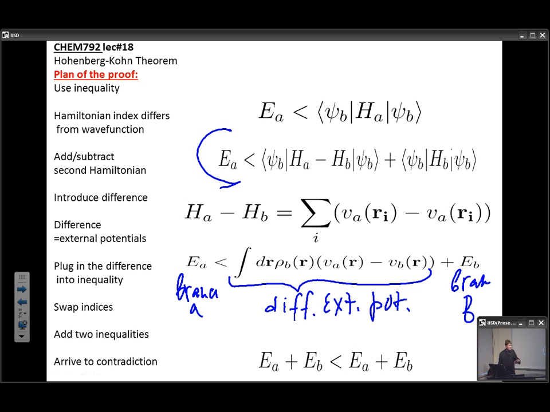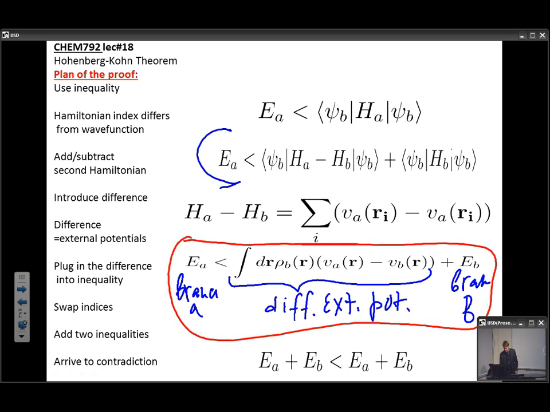So following the same corrupted logical route, we can derive the same inequality, but replacing A with B and B with A. So following from the original assumption, it should be permitted. So we are going to take this expression and replace A with B and B with A. And see what happens.